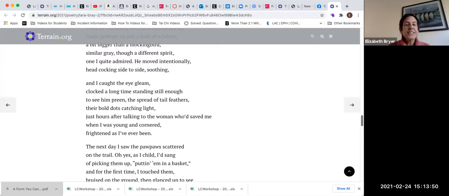Their bold dots catching light, just hours after talking to the woman who'd saved me. So she's noticing these tail feathers with dots on them catching the light. She's noticing this really beautiful thing. And then she's connecting it to this woman who'd saved her.